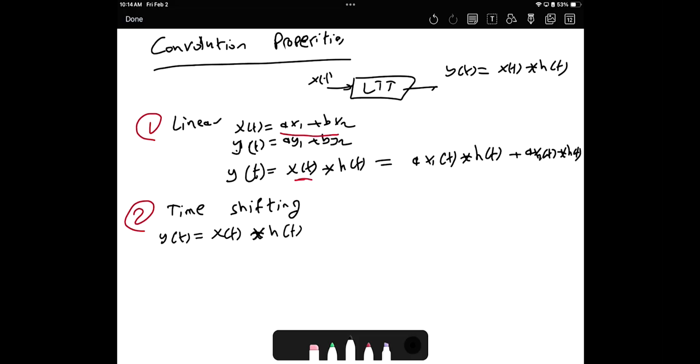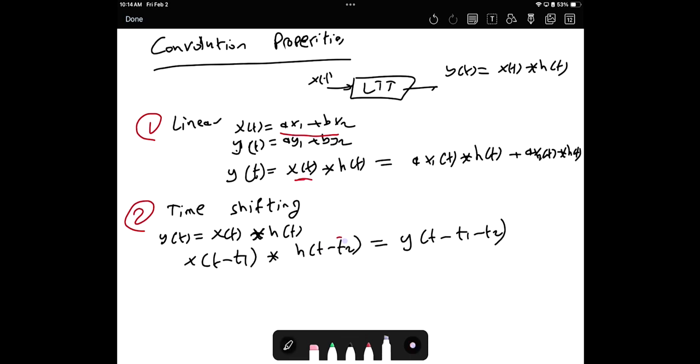But if we have, for example, x of t minus t1 convolved with h of t minus t2, this yields to be y of t minus t1 minus t2. So you will include both t1 and t2 here. Okay? This property is very important.